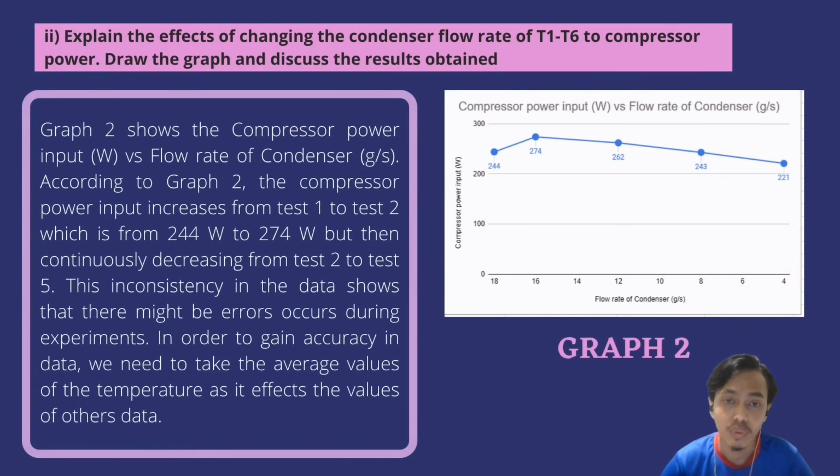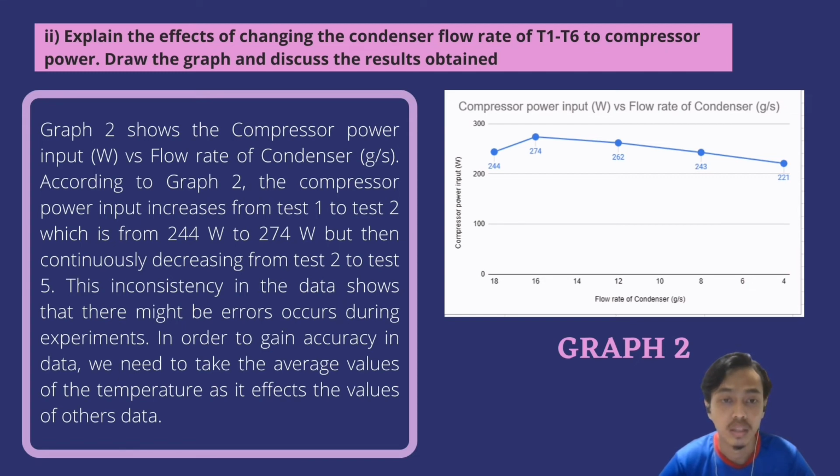So the second graph we need to draw is compressor power input versus the flow rate of the condenser. The compressor power input increased from test 1 to test 2, which is from 244 watts to 274 watts.